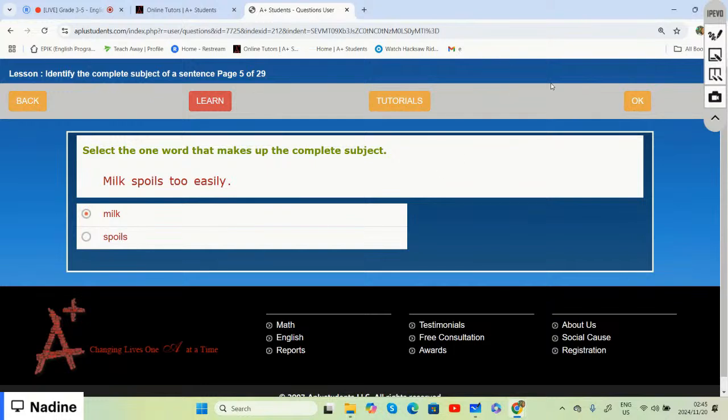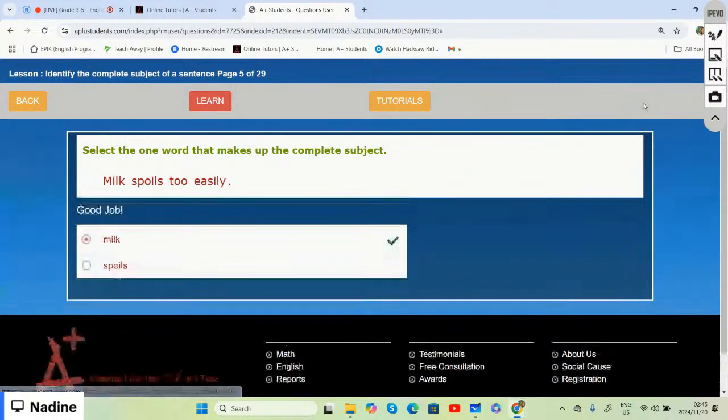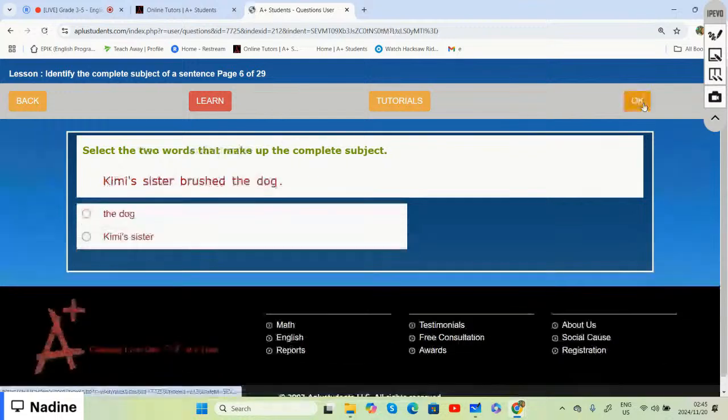We chose milk as the subject because it tells us who or what is the main thing in that sentence. All right, let's do one last one and then we are done.